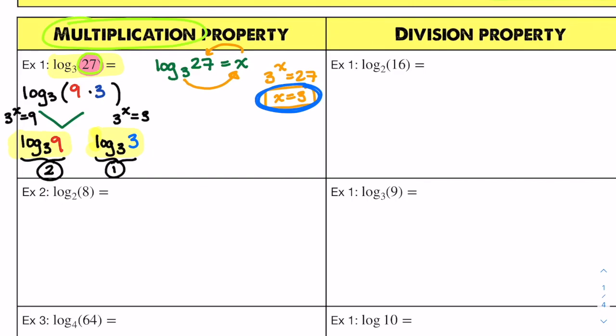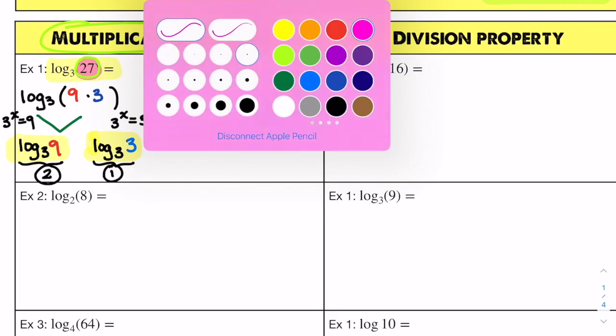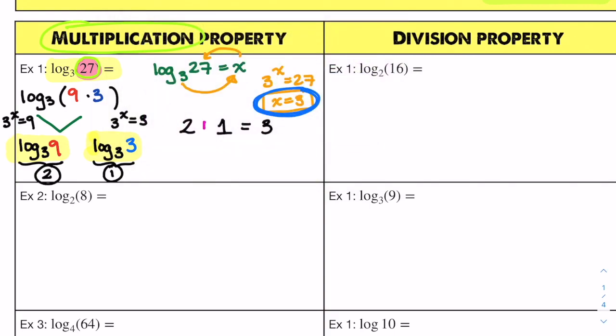So now we're looking at the numbers 2 and 1, and we're trying to figure out how we can get 3. I'll write it here. We know 2, we know 1. What can we do to turn those numbers into 3? And voila, plus.